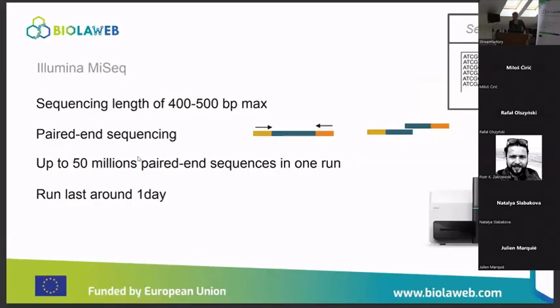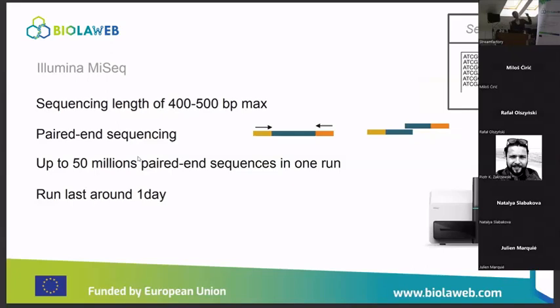So you can sequence a length of 400 to 500 base pairs max. And this is because we do paired end sequencing. Why? Because Illumina can sequence small, short sequences, but we really want to have the longest sequences.